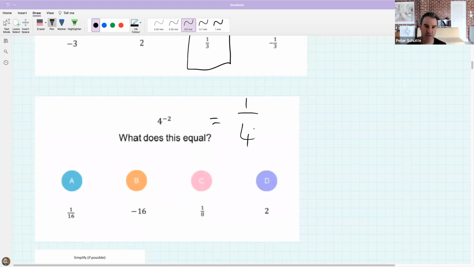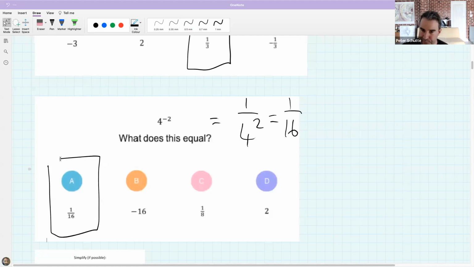So step 1, 1 over 4 squared. Basically, that's how I get the positive. And then that converts to 1 over 16, which is A. Cool. So we're comfortable going from negative powers to positive powers.